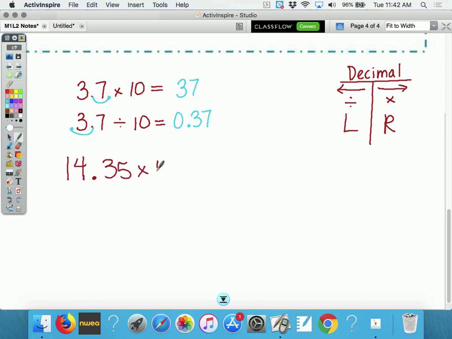We're going to take that times 10, and then we're going to take that divided by 10. Now you're going to practice it, and then you're going to check it with mine. So move it to the right when you multiply, move it to the left when you divide.